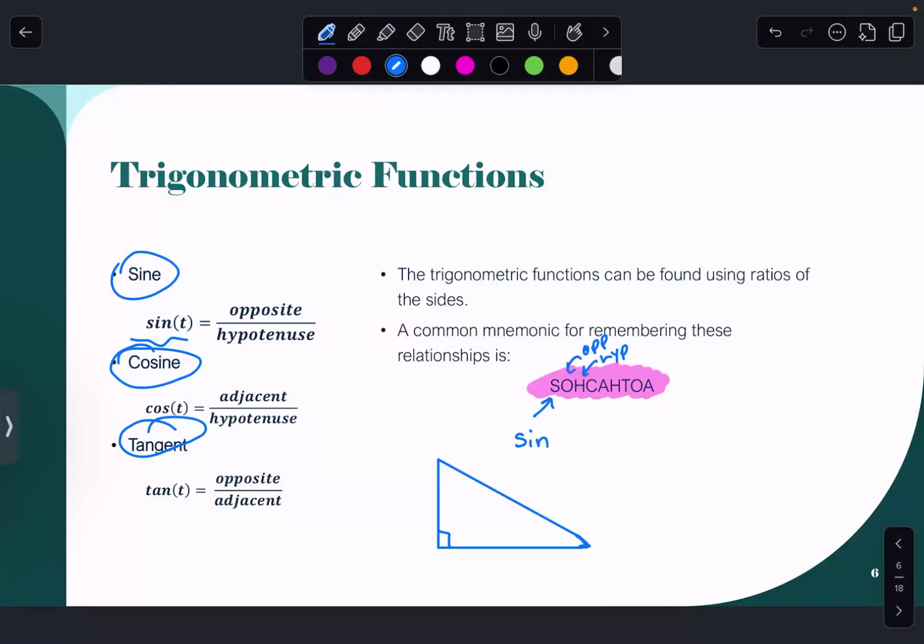So you guys can kind of see how this mnemonic works. Sine was opposite over hypotenuse. Cosine was adjacent over hypotenuse. And then tangent was opposite over adjacent. TOA. Pretty cool, huh? So when you're trying to find these, you can kind of repeat that to yourself, or you're welcome to just write those all out.